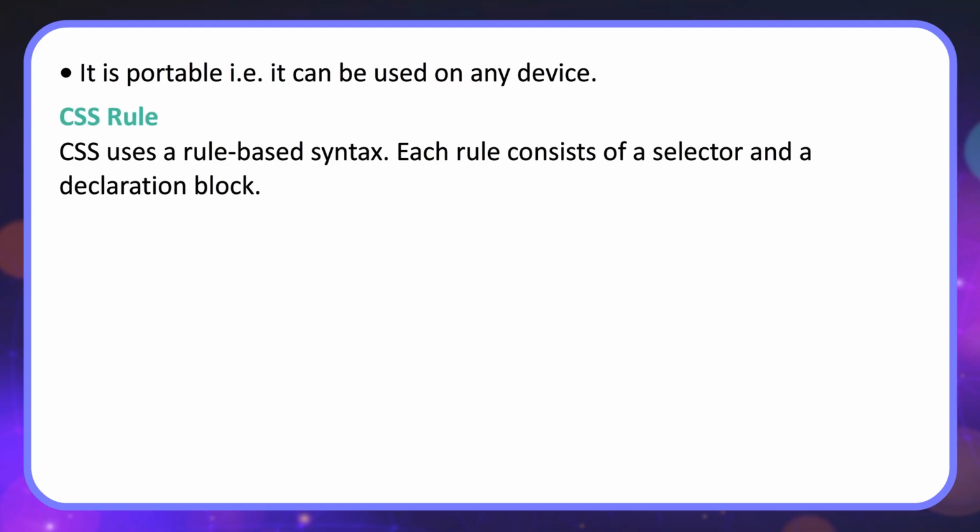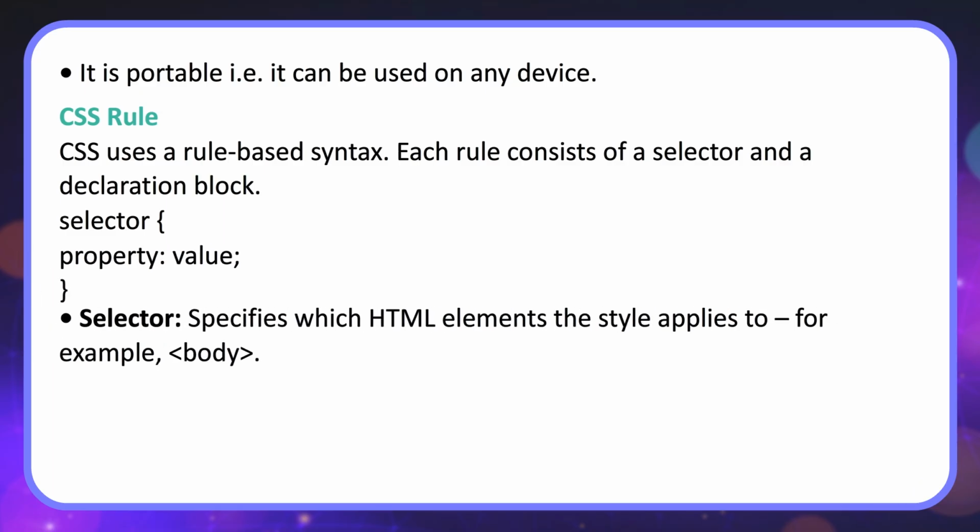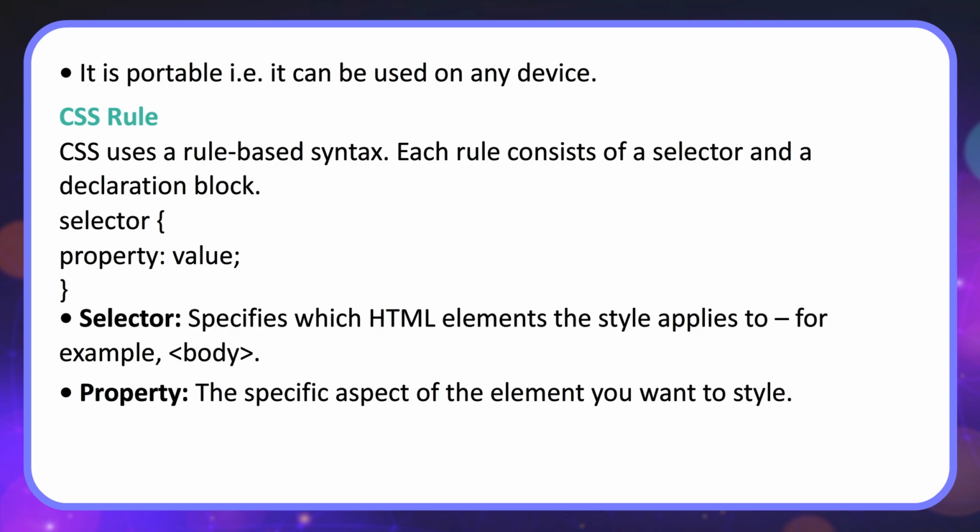CSS rule. CSS uses a rule-based syntax. Each rule consists of a selector and a declaration block. Selector. Property, value. Selector specifies which HTML elements the style applies to. For example, <body>.